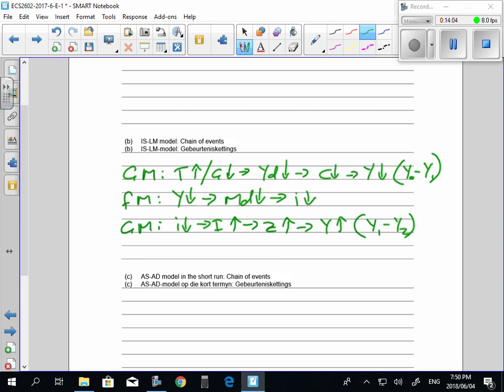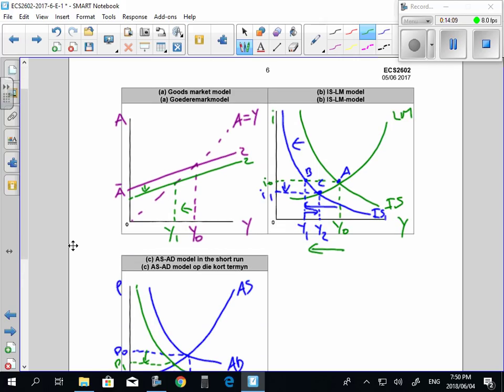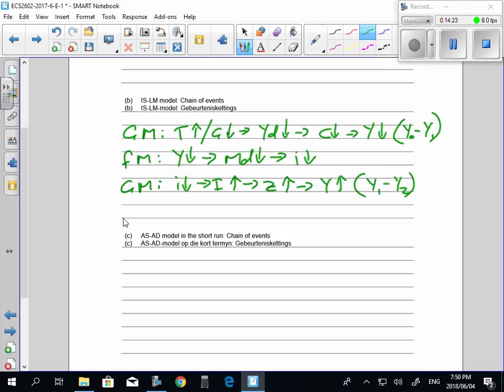So we've explained now why interest rate has decreased from I0 to I1, and why output and income went from Y0 to Y1 and Y2. Okay. Makes sense.